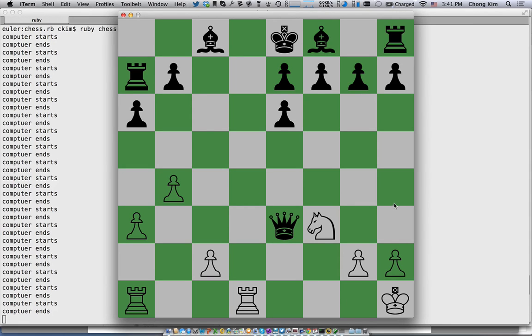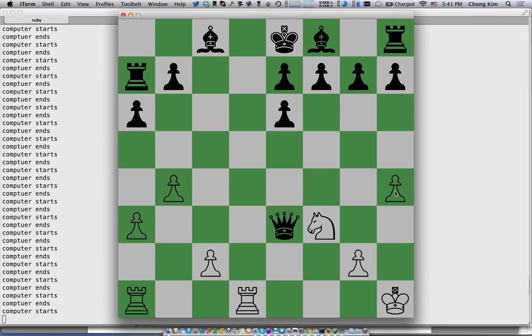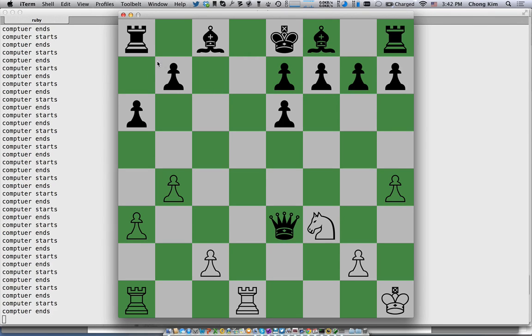I think for now, the reason why it's not moving any of these pawns is because with only one move look ahead, it can't distinguish whether any of these moves are good, and they're all equivalent. They come to the same value. So this would be the first move that it would consider, and so yeah, because the king can't go here, the bishop can go here, but it's not including that.